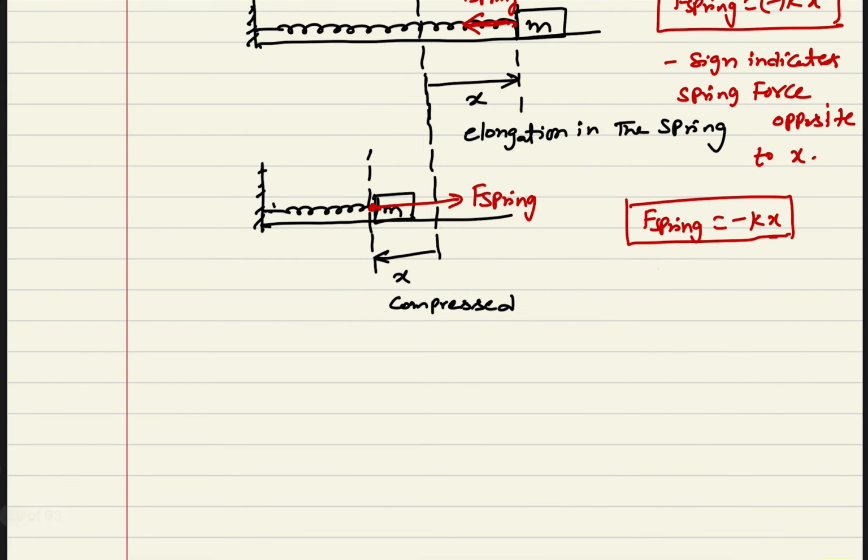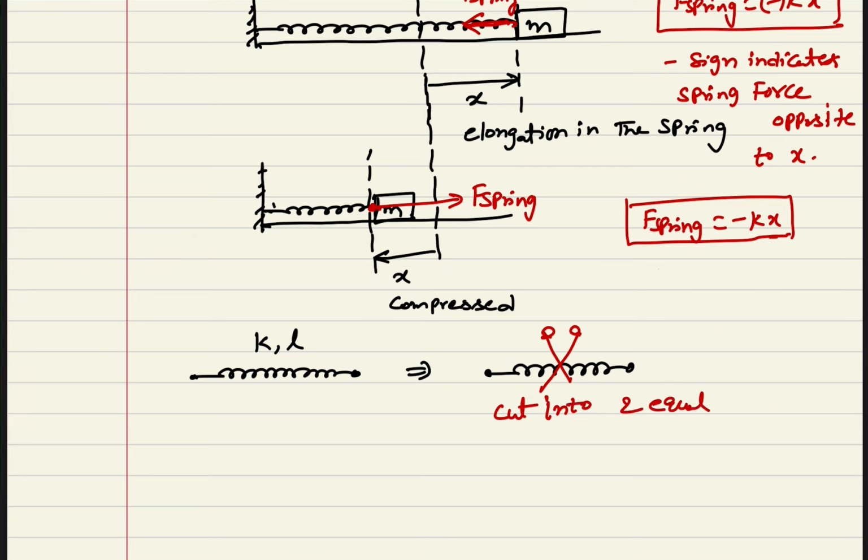Next, whenever a spring is given to you, let us consider spring constant K and length L. Now what I am doing is cutting this spring into two equal parts, like this.